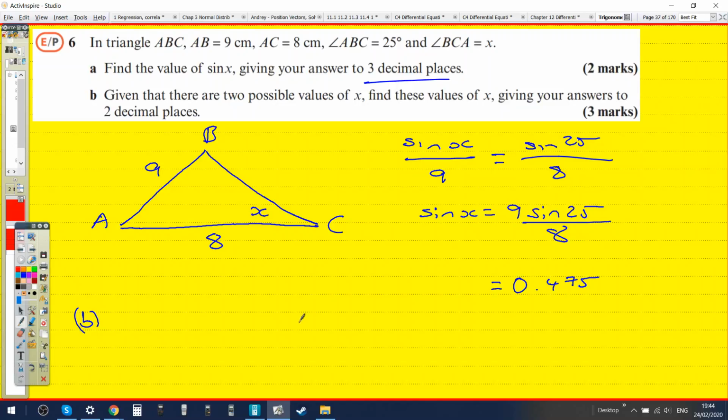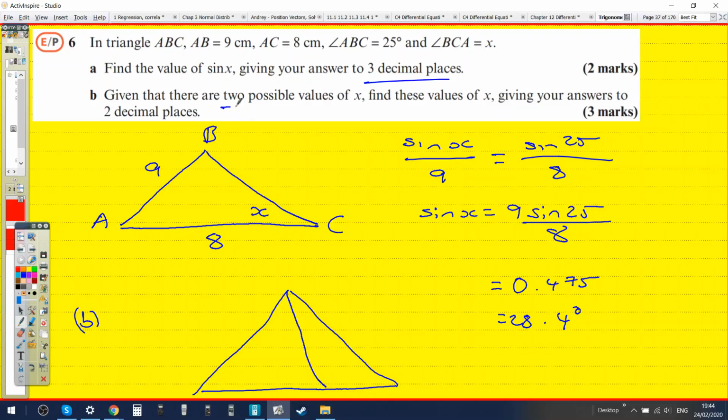Yep. So that'll be equal to 28.36. Let's say 28.4 degrees.